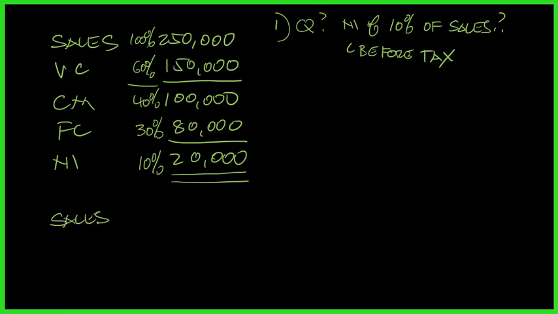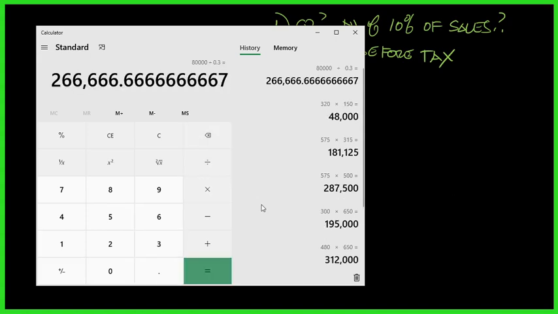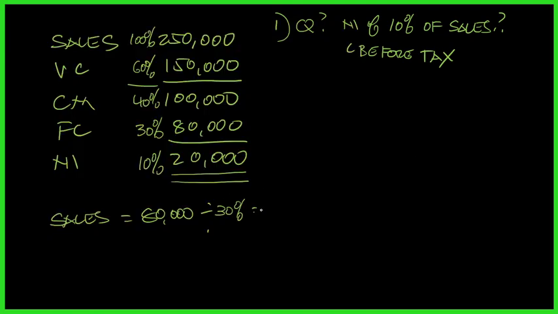Your sales now will be equal to 80,000 divided by 30%. Okay, so let's try to do that. 80,000 divided by 0.3. You will now have 266 pesos.